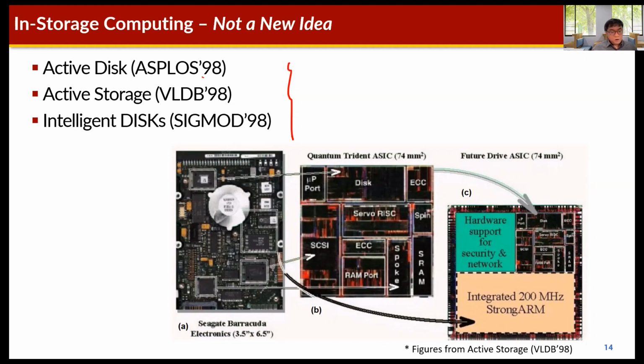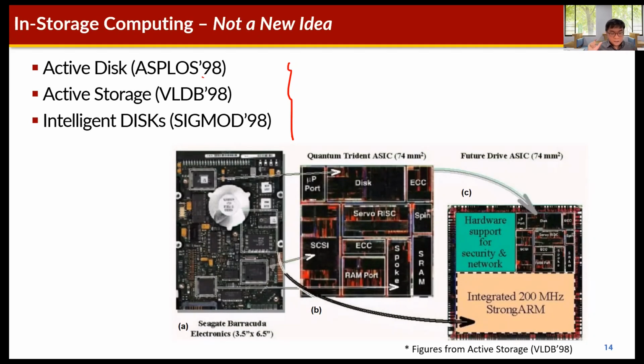Also, with SSDs, the flash memory, unlike the hard disk platters in an HDD, can support constant latency for data reads.